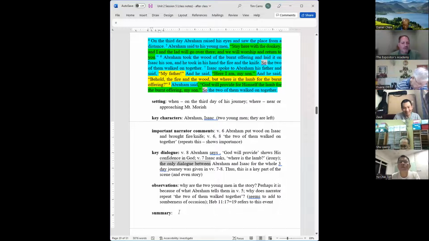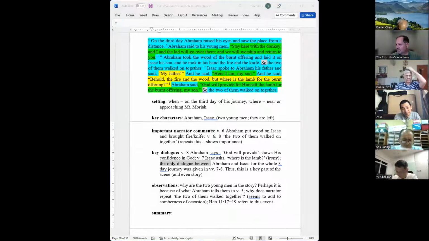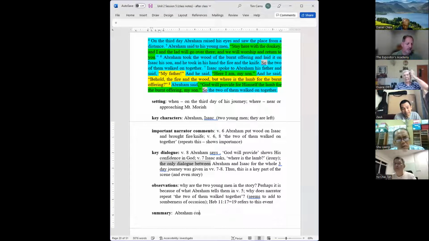Anybody have an idea how they would summarize this scene? Or want to offer their suggestion? My summary is Abraham continued the journey to the mountains with his son by walking together.